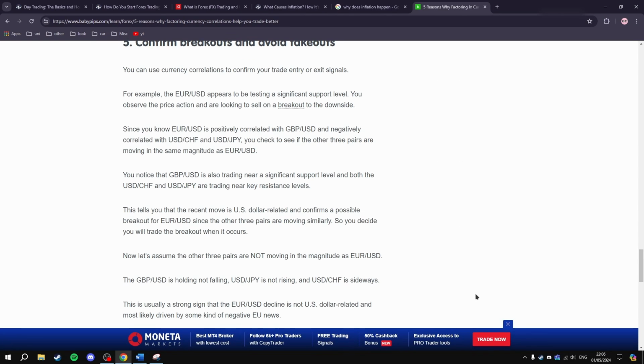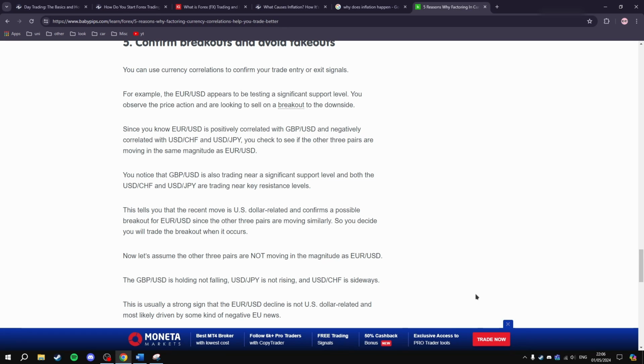For example, the Euro USD appears to be testing a significant support level. You observe the price action and are looking to sell on a breakout to the downside. Since you know Euro USD is positively correlated with GBP USD and negatively correlated with USD CHF and USD JPY, you check to see if the other three pairs are moving in the same magnitude as Euro USD.